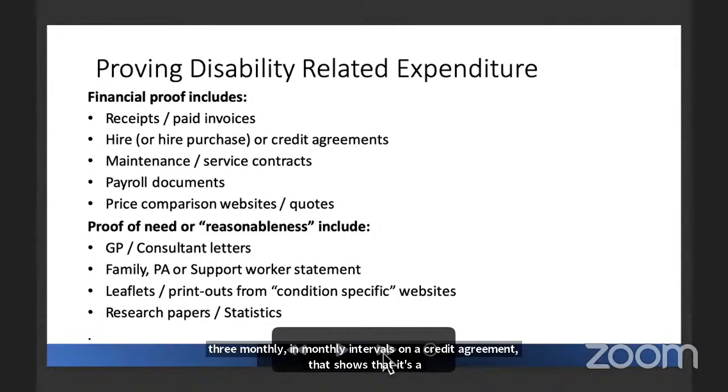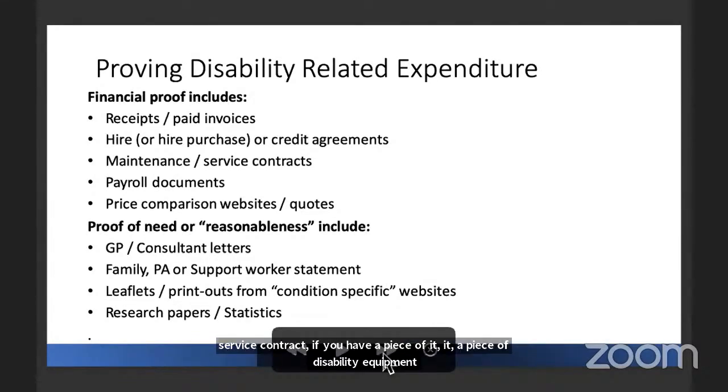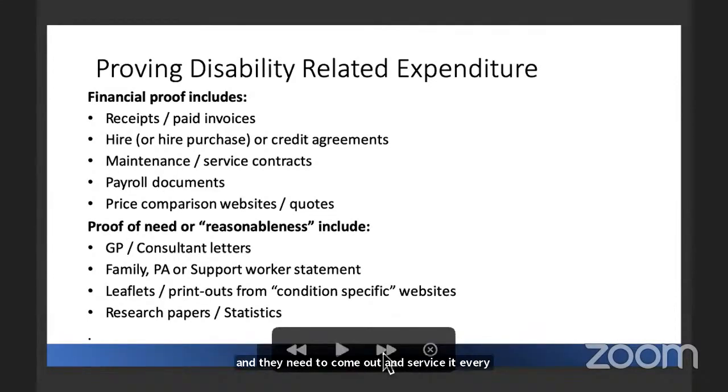Again, a maintenance contract or service contract, if you have a piece of disability equipment and they need to come out and service it every so often, that's almost a guaranteed sum that you'll need to be able to pay.